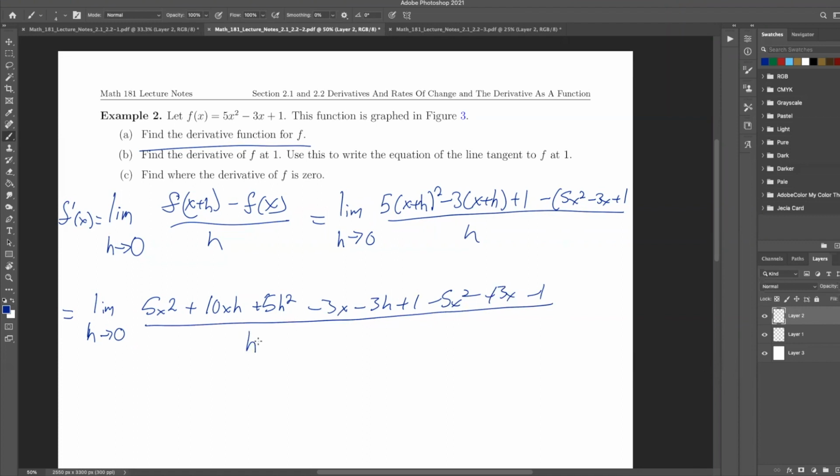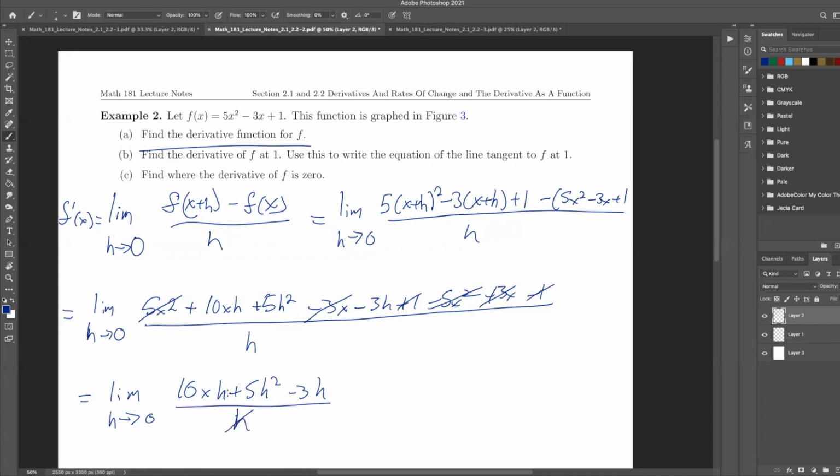So once we get here, we can cross some stuff off, like you did in the difference quotient. So this cancels with this, and this cancels with this. Go ahead and write this on another line so I don't lose people. We have 10xh plus 5h squared minus 3h all over h.